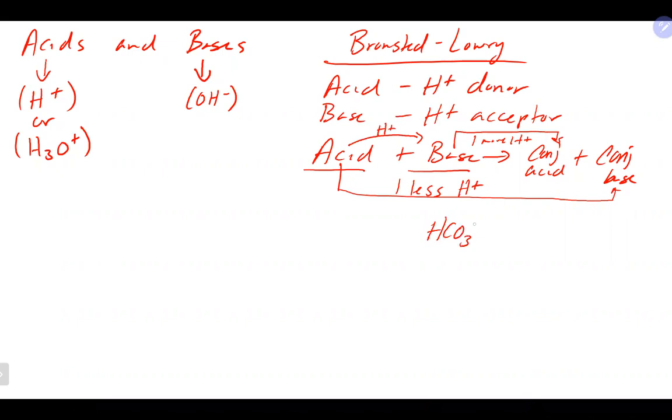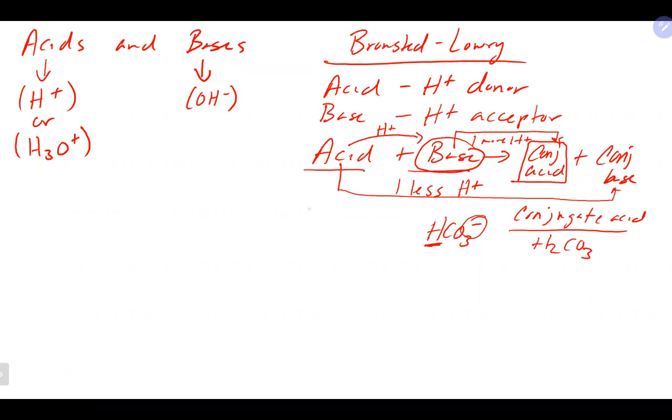If you wanted to write the conjugate acid, remember that the conjugate acid is what I'm looking for, which means what I am looking at is a base. The base should accept the H plus, so we put the H plus onto this, and it would be H2CO3. When we gain the H, the plus is also important for the overall charge. So +1 and -1 gets us to 0.